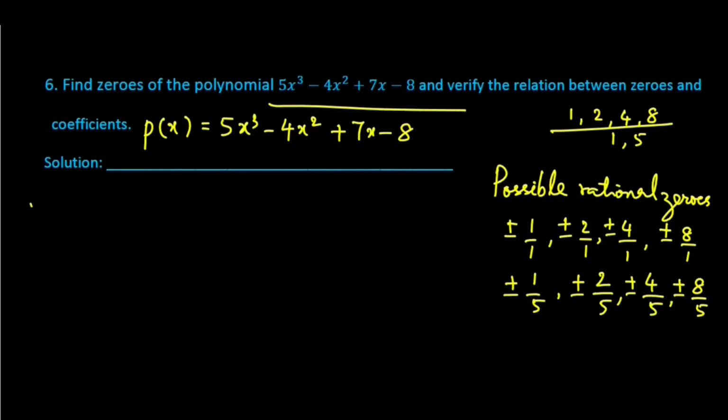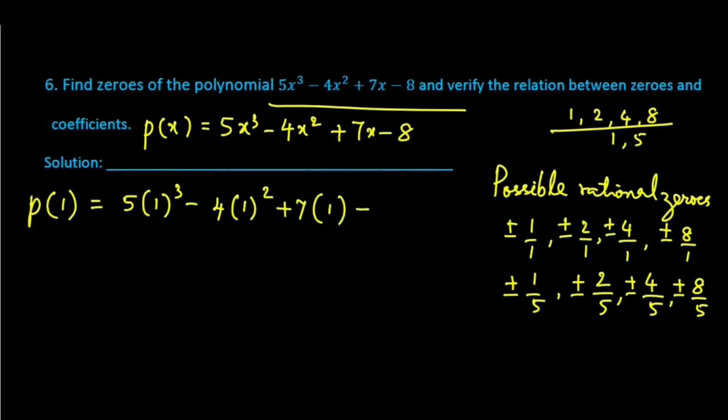So first, let us find p of 1. So 5 into 1 cubed minus 4 into 1 square plus 7 into 1 minus 8. This is 5 minus 4 plus 7 minus 8. 5 plus 7 is 12.